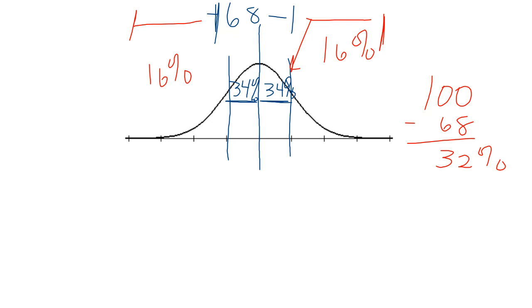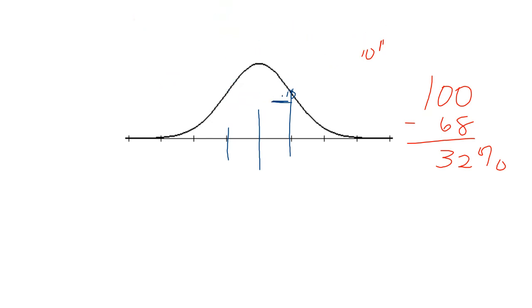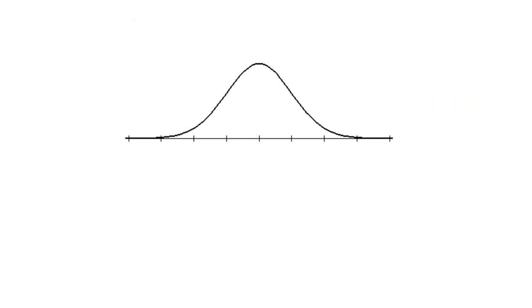Okay, so let's take a look at the 95% margin. Let's erase all of this. It's 2 standard deviations. Here's the mean, here's 2 standard deviations. 95% of the data is here.